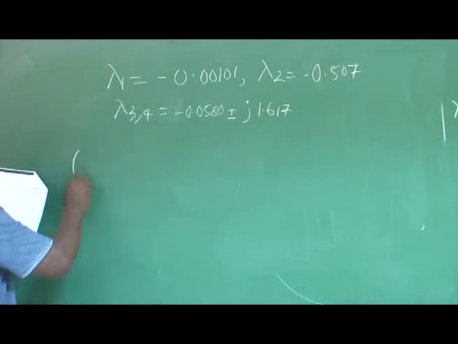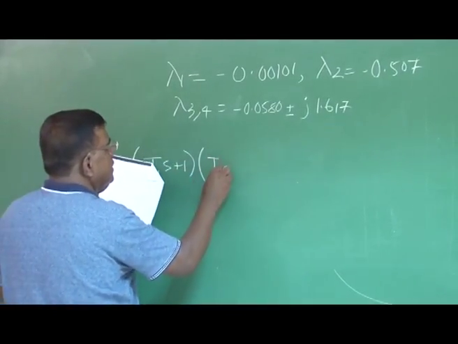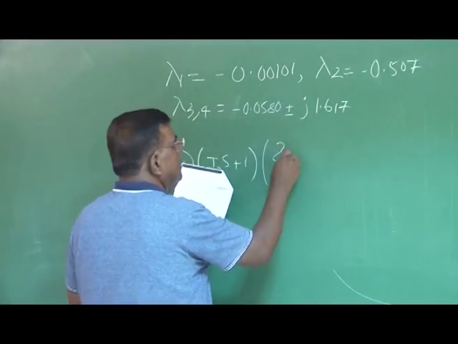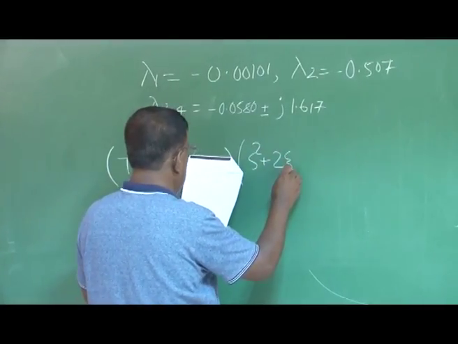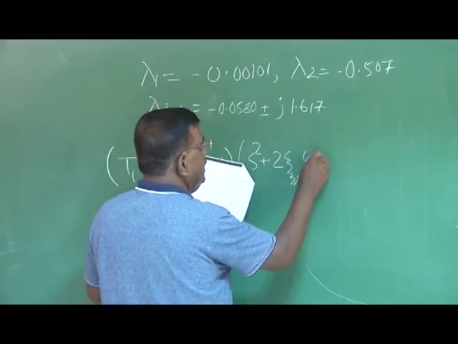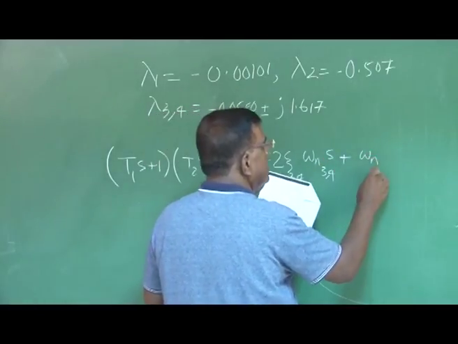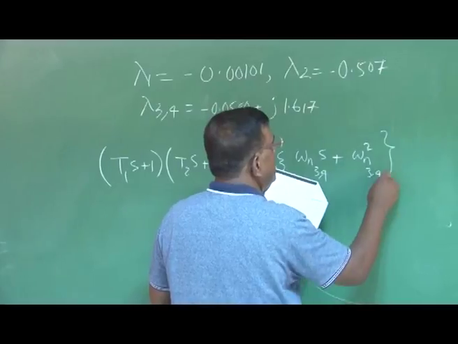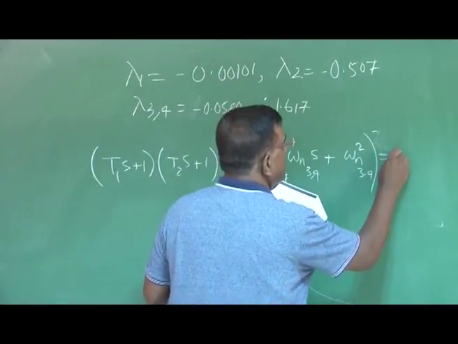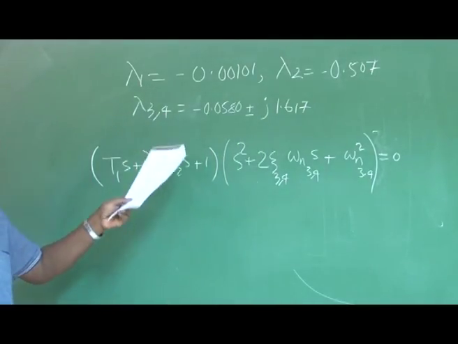So, I can write the equation in the form (T1 s plus 1)(T2 s plus 1)(s squared plus 2 zeta 3,4 omega n 3,4 s plus omega n 3,4 squared) equal to 0. This is the characteristic equation with a second order factor and two first order factors.